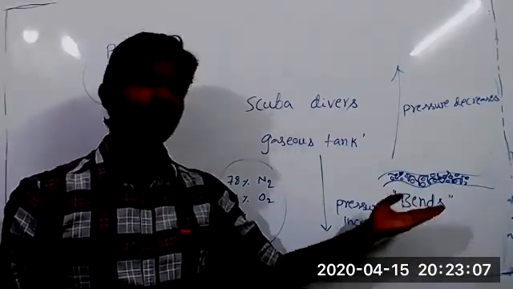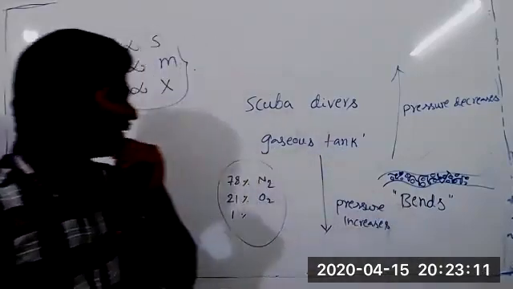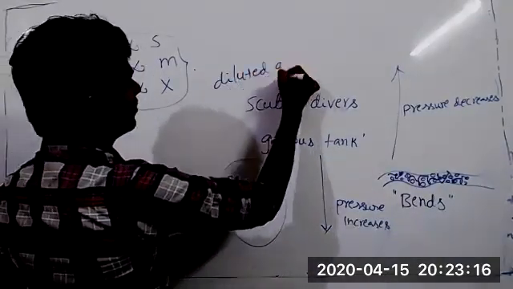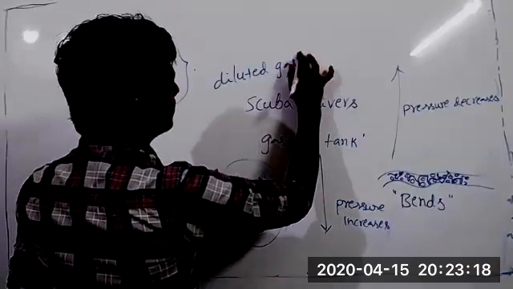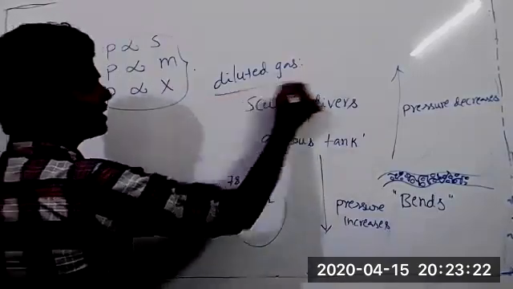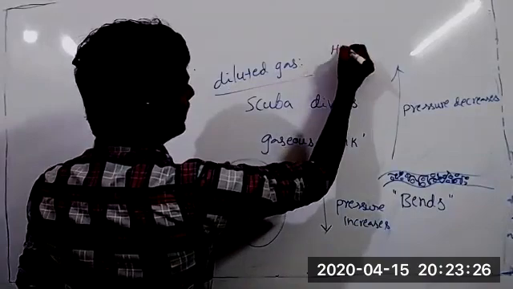So to avoid bends and the solubility of nitrogen in blood, we use diluted gas. In this diluted gas, helium is used.